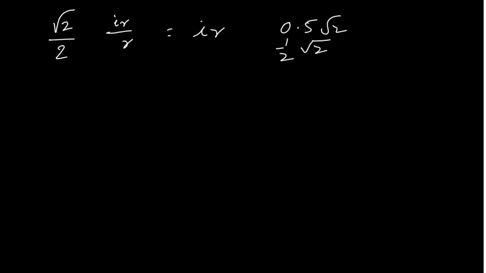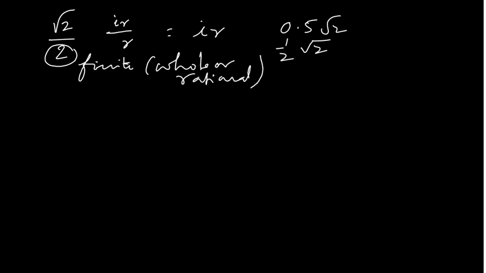This is easy because the denominator is a finite whole number, a rational number. Okay, so now if I have root 2 by 2, if you are asked to simplify, then you can't leave it.